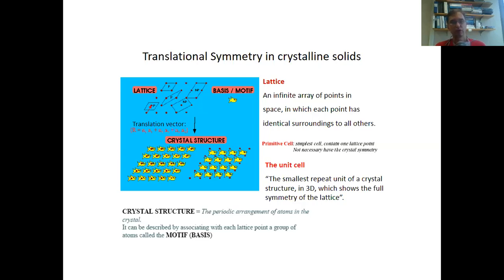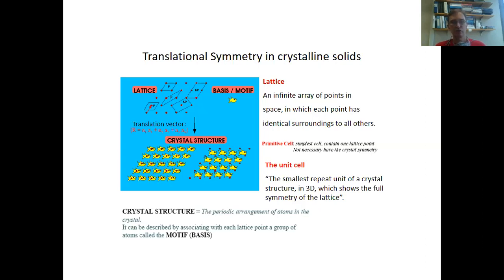The crystal structure is composed of the lattice as well as the basis, also called the motive. The lattice is a mathematical construction. It's just an infinite array of points in space in which each point has identical surroundings to all the others.